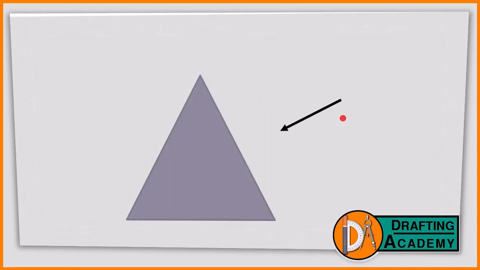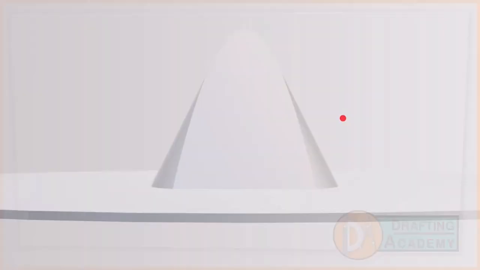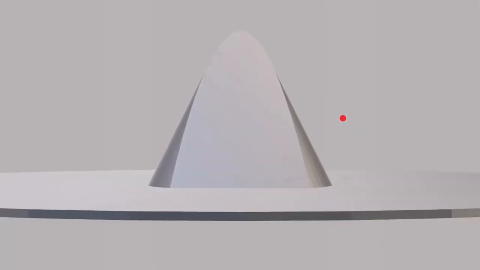A quick way to remember this fact is that parallel and parabola both have "para" at the beginning of the word. Similarly, like we did for the ellipse, we're going to have multiple views of the cone when it has been cut for us to have a parabola.